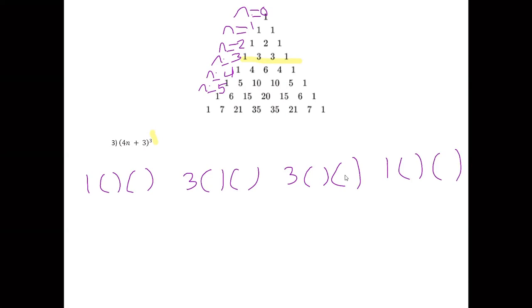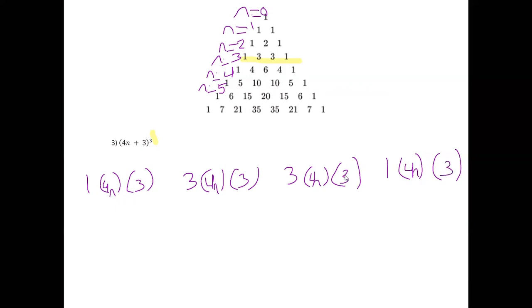So like I said, remember your first part of your binomial goes inside the first set. Your second part goes in your second set of parentheses, if that makes any sense. And since it's a +3, it's going to be a +3 when we put it in.